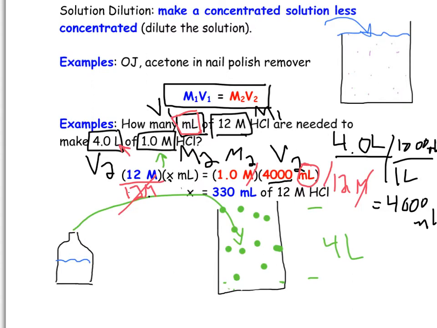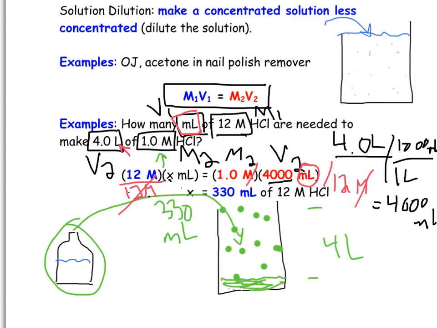Now what that is telling me is, in our beaker here, I would first pour 330 milliliters of my strong acid into that 4 liter beaker, and so that would fill up to a line of about right here.